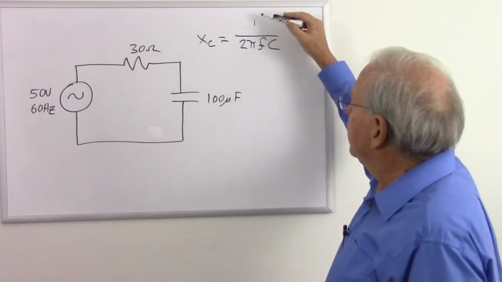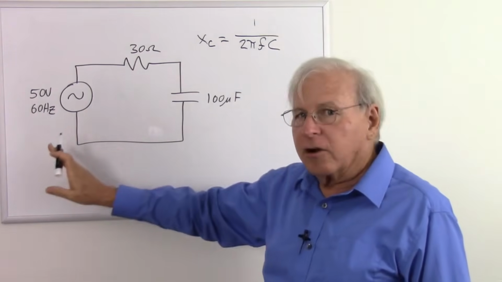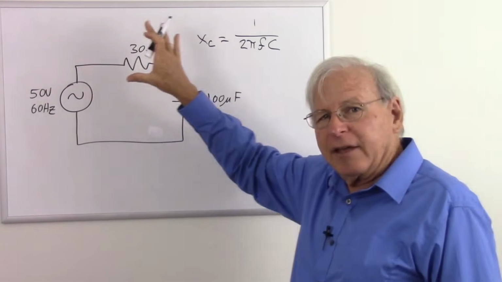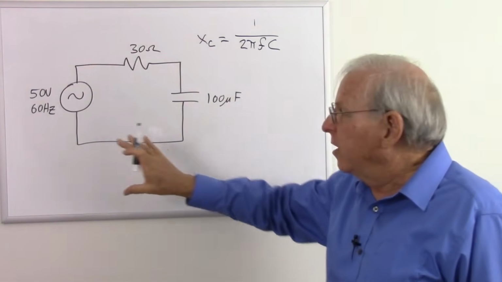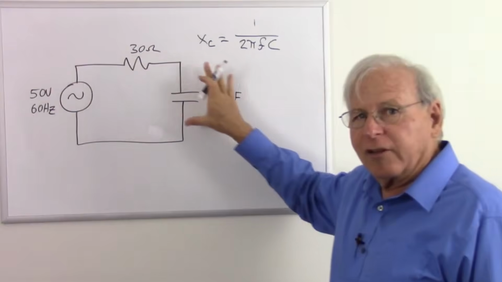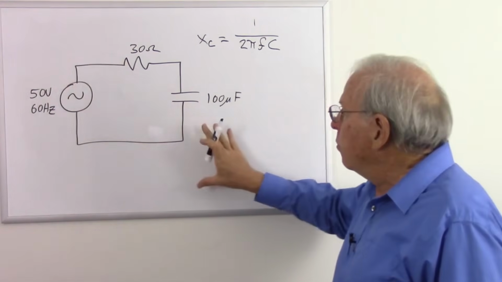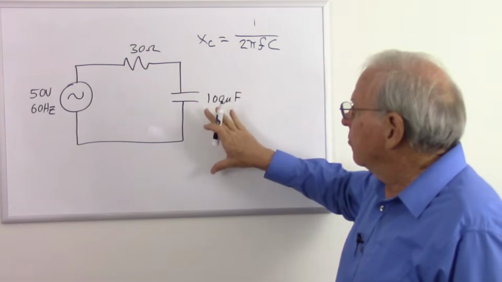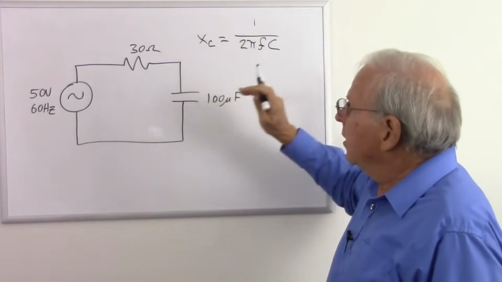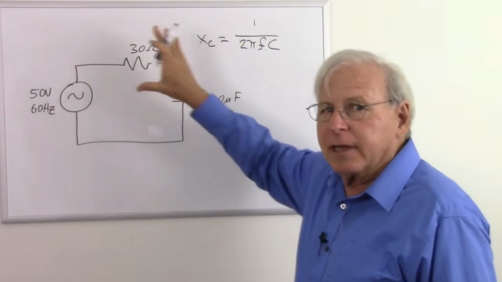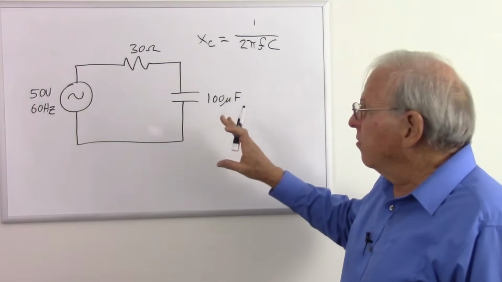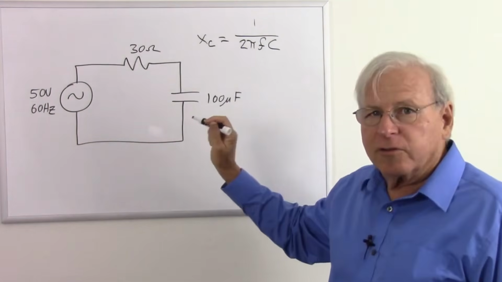Now we have to do the reciprocal because remember, as our frequency goes up, our capacitive reactance goes down. So as our frequency goes up, this looks like a smaller and smaller resistor. As our frequency goes down, we get more capacitive reactance. So this looks like a bigger and bigger resistor. So frequency goes up, capacitive reactance goes down and vice versa. So they are the reciprocals of each other.